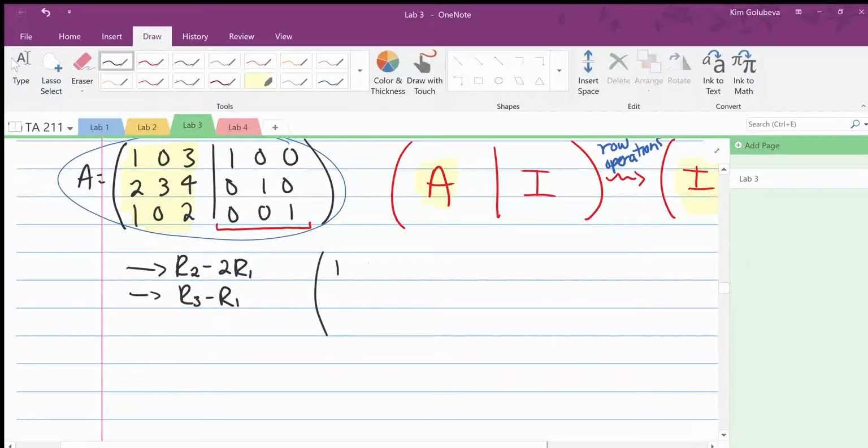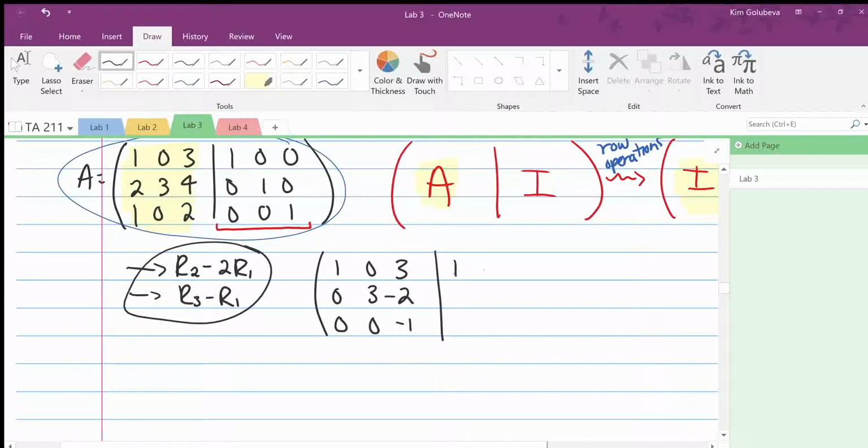When you get to elementary matrices, which is the next topic, you're not going to want to combine steps like this, but in this case we're not too worried about that, so I'm combining steps to save time.